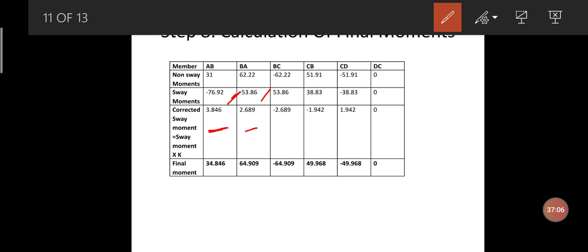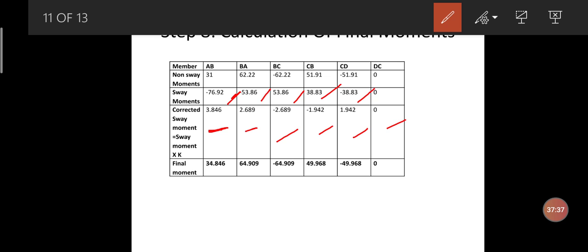Similarly for BC, 53.86 into minus 0.05, so minus 2.689. Next one is for CB, 38.83 into minus 0.05, it is minus 1.942. For CD it is minus 38.83 into minus 0.05, it is 1.942, and for DC it is 0 into minus 0.05, which is again equal to 0.